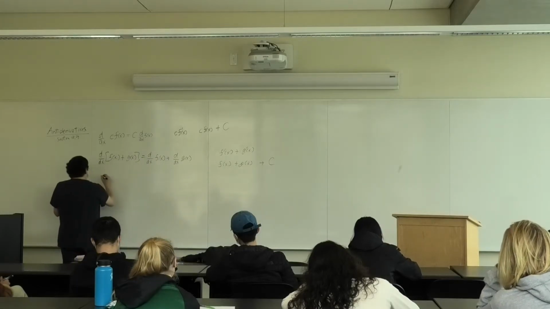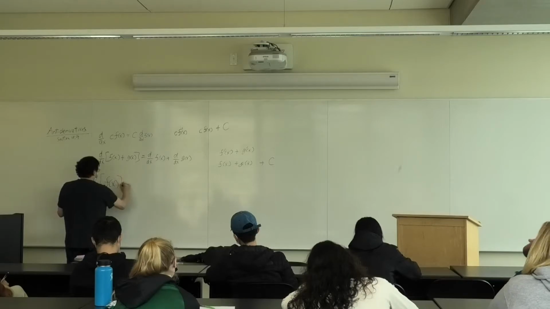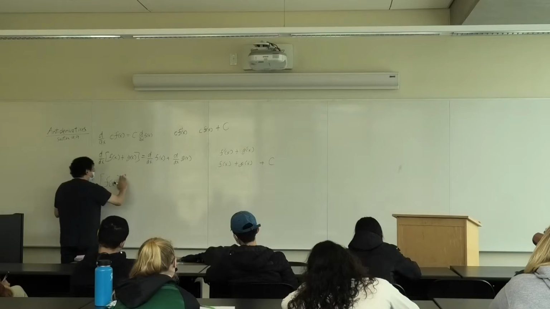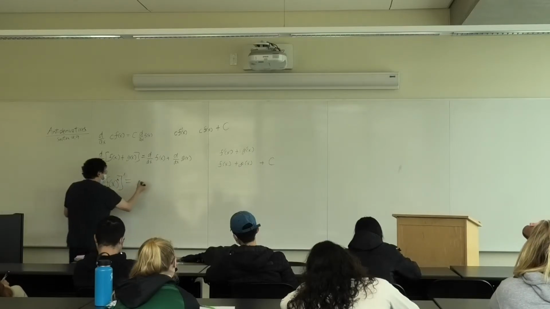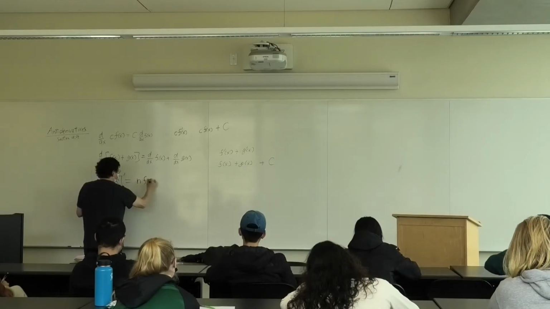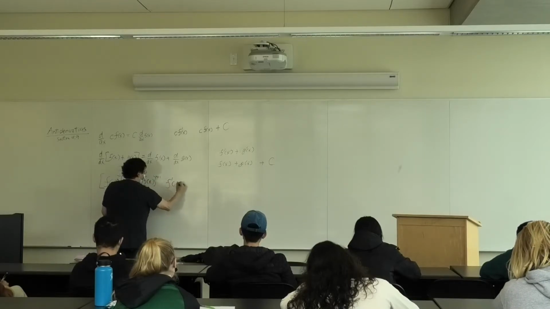If we have some function raised to some power n, and we find its derivative, well, we know from the power rule, it's n f of x to the n minus 1, but times the derivative, that's the chain rule.